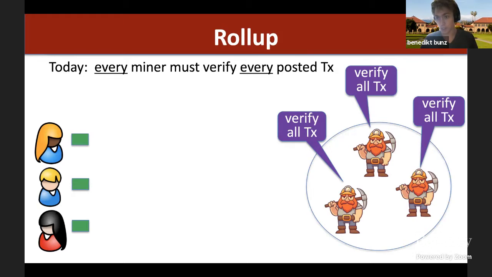The second application is related to something called Rollup. Rollup is a concept that is now also widely used in the blockchain space. Traditionally, if you have a bunch of blockchain users who all have transactions, they post all of these transactions on the blockchain, and every single miner, every single verifier in the blockchain consensus system has to verify all of the transactions.